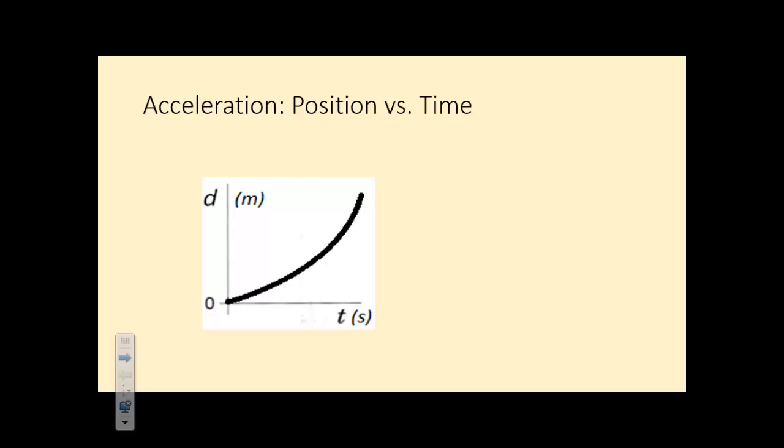In class, at the end of class, before we went outside last time, we started talking about a position versus time graph for something that has a changing velocity. We used really super scientific terms to talk about the steepness of the slope, because remember, the slope of a position versus time graph tells you how fast something is going.